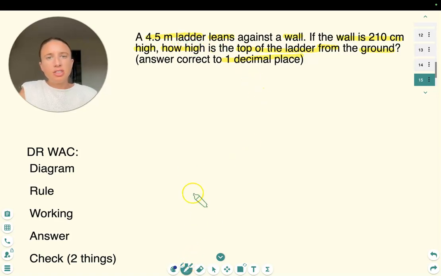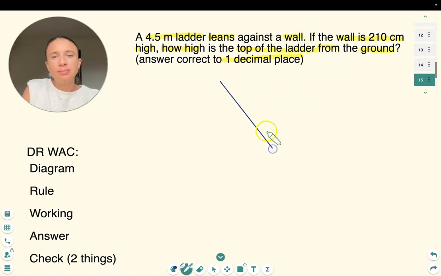All right, now let's draw this. Let's translate these words into maths, okay? A 4.5 meter ladder leans against a wall. Picture that, okay? A ladder, you can label it if you want, leans against a wall. A wall is vertical, usually. We'd hope so.